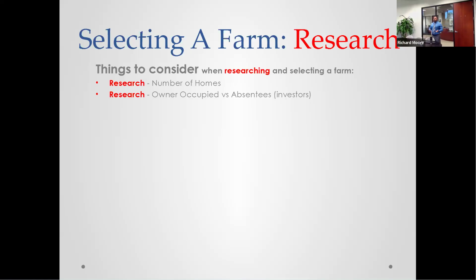So know who your market is, right? If it's mostly owner occupied, then you know you're dealing with owners, right? So you can send out owner related information. If it's mostly investors, for most of the properties are rentals, then you know that you're mailing to investors and you want to reach them in a way that talks to investors.